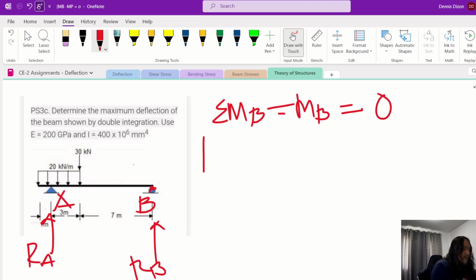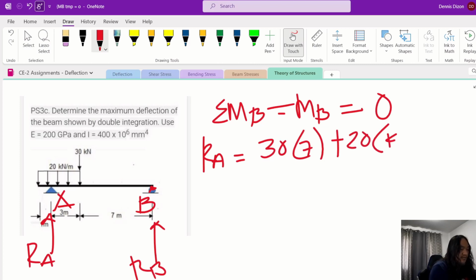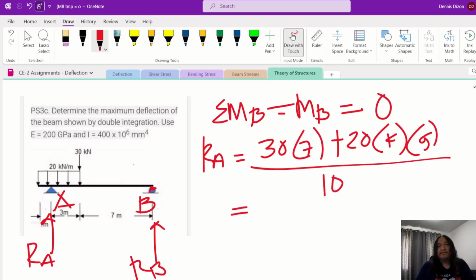Therefore, RA is equal to the concentrated load 30 times 7 plus the uniform load, which is 20 times 4, and then the moment arm is, this is total 11 minus 2, this is 9, and then divided by the span, which is 10.